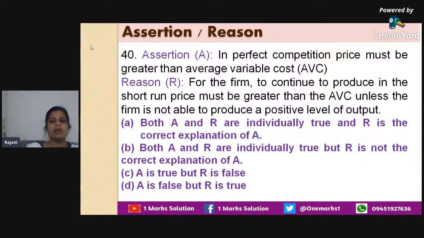If the firm cannot cover the average variable cost, definitely the firm cannot continue the production. So both assertion and reason are correct, and R is the correct explanation of A. In perfect competition, always the price must be greater than average variable cost. When the firm is able to cover the average variable cost, only then can they continue the production.